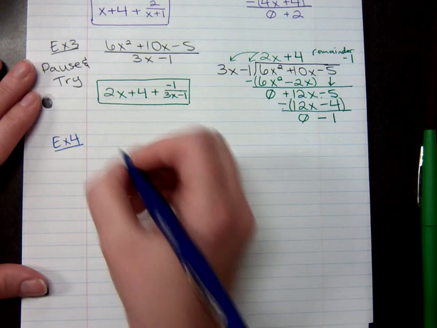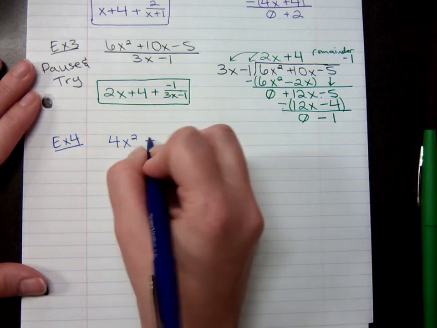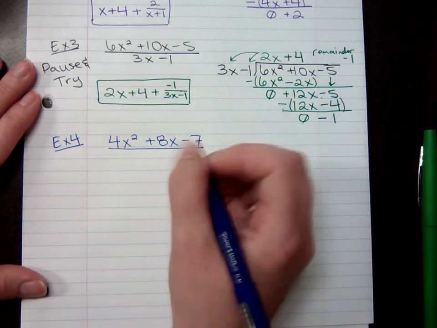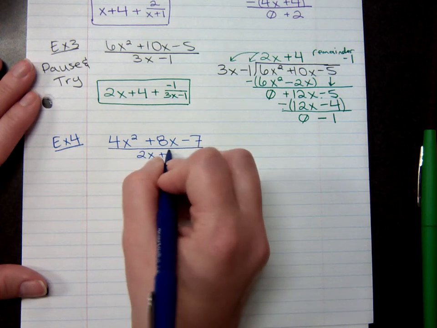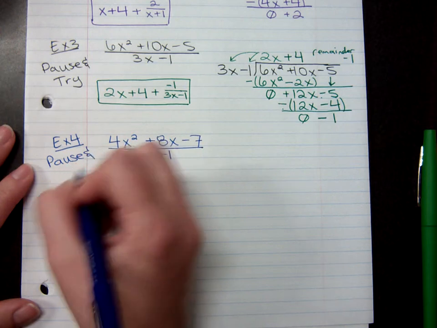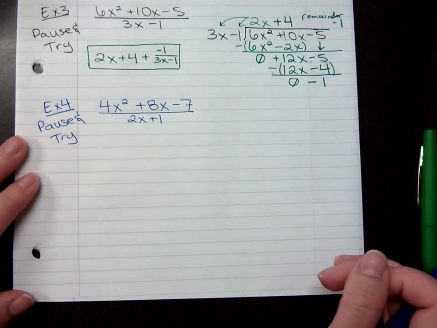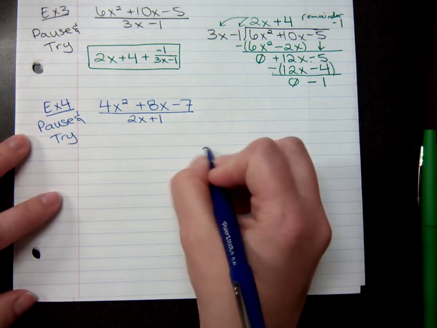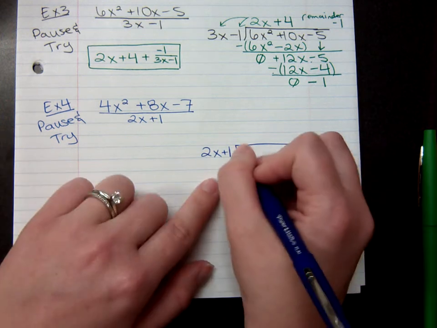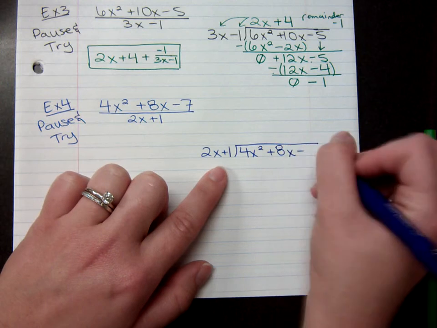So if I have 4x squared plus 8x minus 7 divided by 2x plus 1, again, pause the video and try this one. So we have 2x plus 1 on the outside, 4x squared plus 8x minus 7.